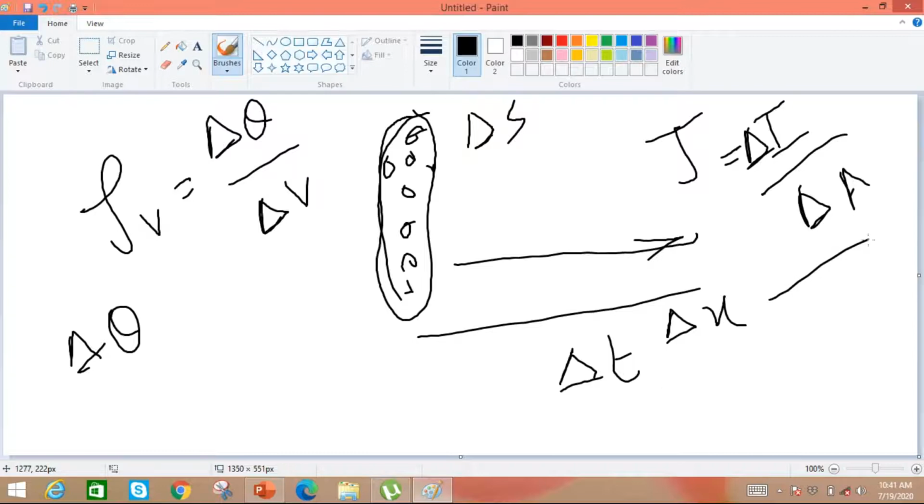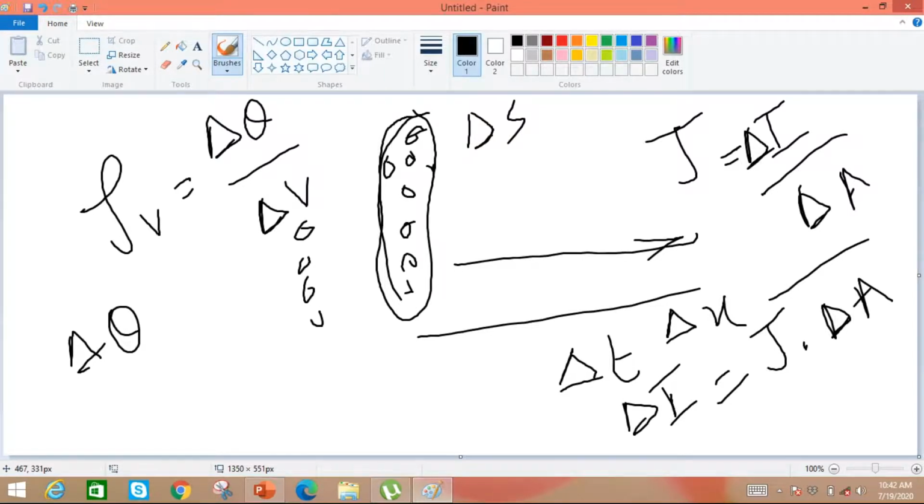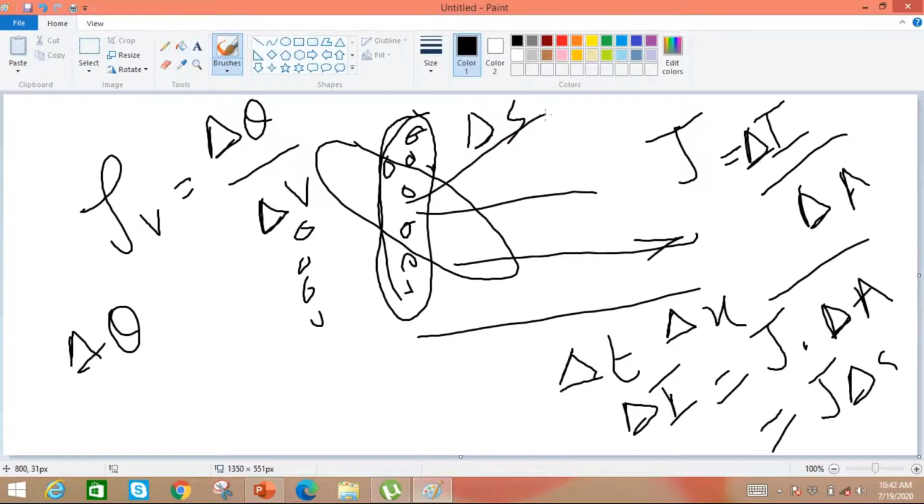So from this equation we can write del I is equal to J dot del A. The differential current del I will be equal to J dot del A, because if the plane is normal to the motion of charges, then del S will be equal to J del S. However, if we have some angle theta between the motion of charges and the direction of the area, this product will result in J del S cos theta.